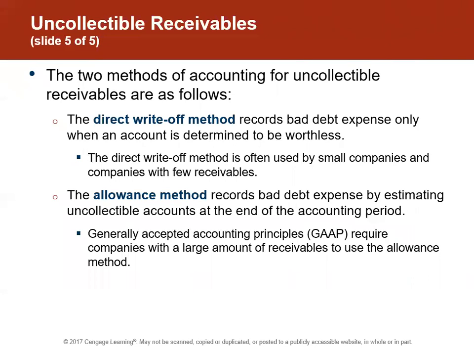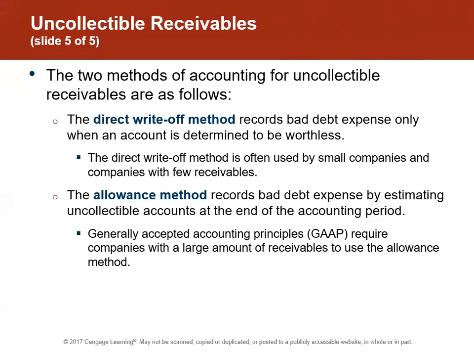So it's an estimation. And how that works with the allowance method, why it follows GAAP, is we're saying in the given year, in the current period, which is important in accounting, right? We need to do things in the current period. Out of all the credit sales or all the accounts receivable we've had, we're saying this much of that is uncollectible. So it follows that matching principle in that we're recognizing the expense in the year that it's actually been incurred, okay?